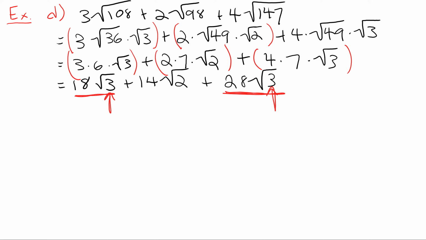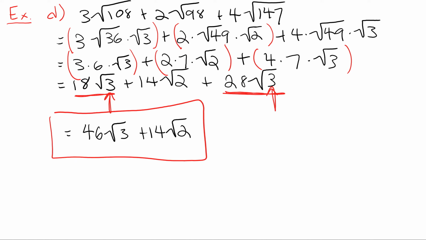So we can simplify this further by adding 18 and 28, and then we will get 46 root 3 plus 14 root 2, and that is the complete simplification of this radical expression, and we are done with this example. Yay!